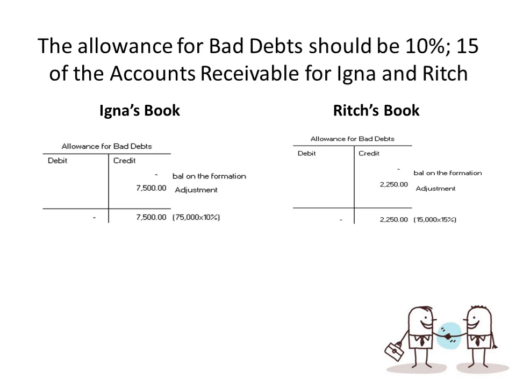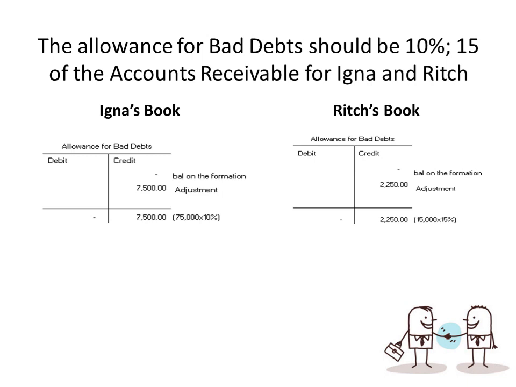For Igna, it's 10% of its accounts receivable, which is 75,000. That constitutes 7,500. Since we have a zero balance, and accounts receivable is a balance sheet account, we go for our balance sheet account, which is also our allowance for bad debts. That's why we have 75,000 times 10%, 7,500.